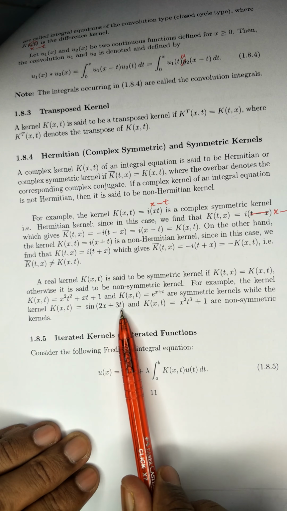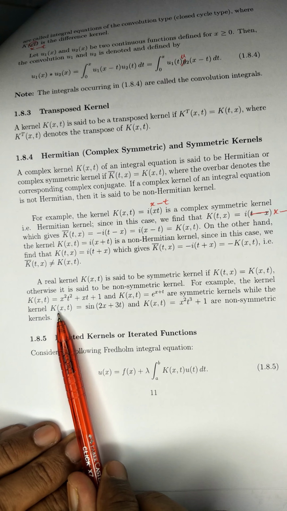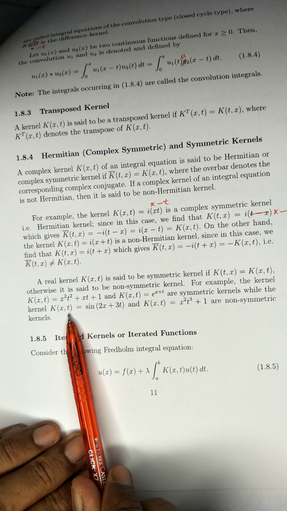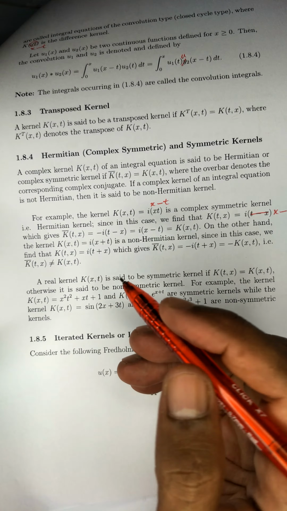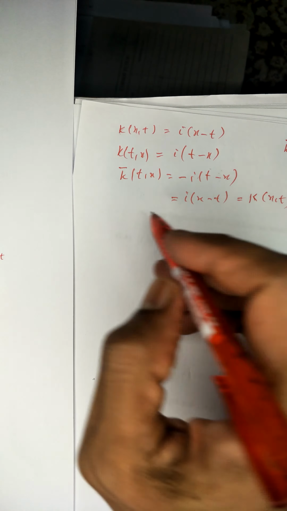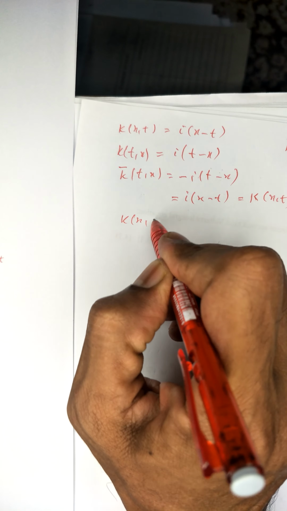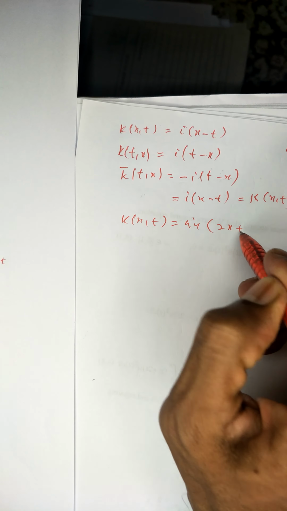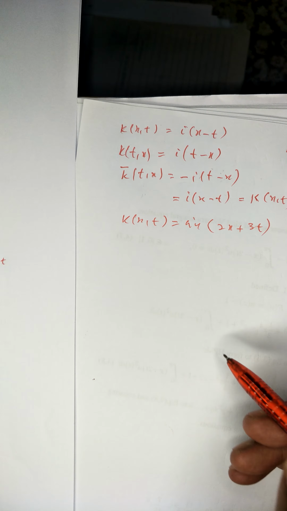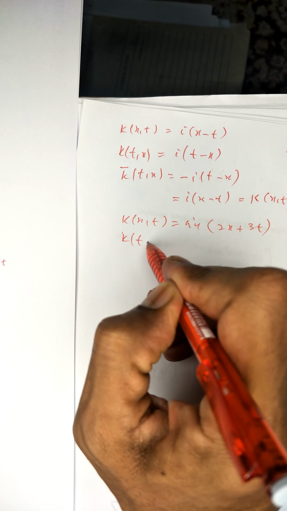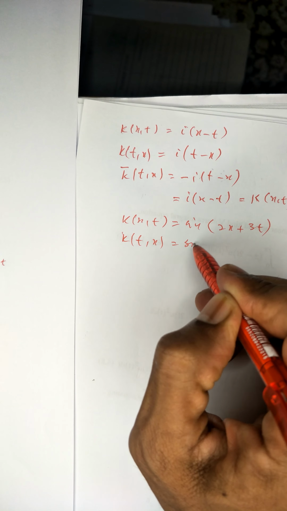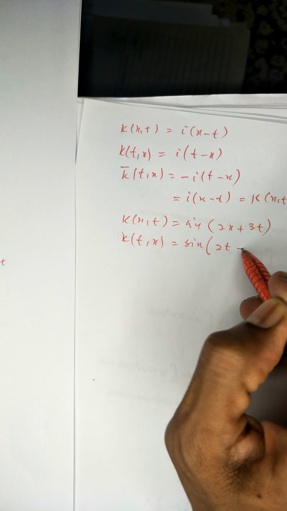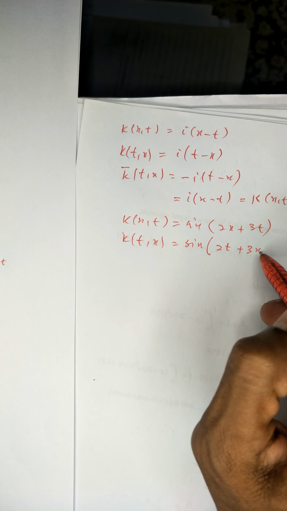Whereas if you change the order of K, that gives you sine. Let me write this down. If K(x, t) is given as sine(2x + 3t), then K(t, x) is sine(2t + 3x).